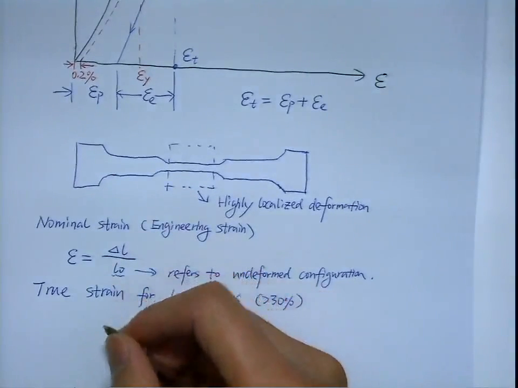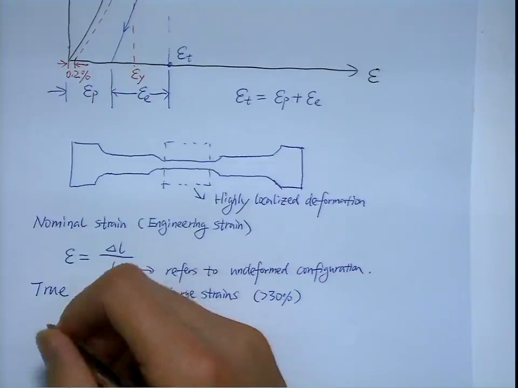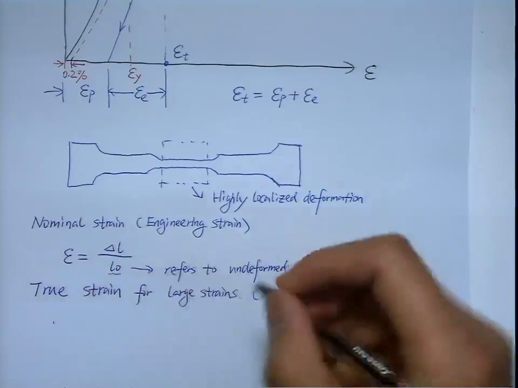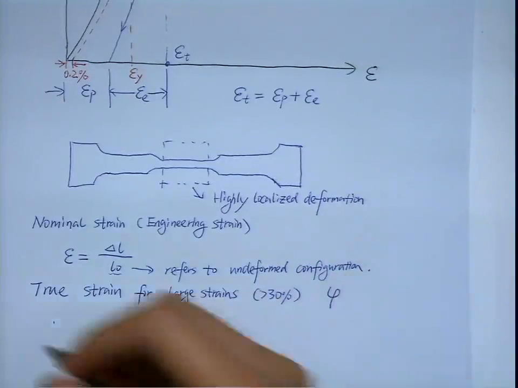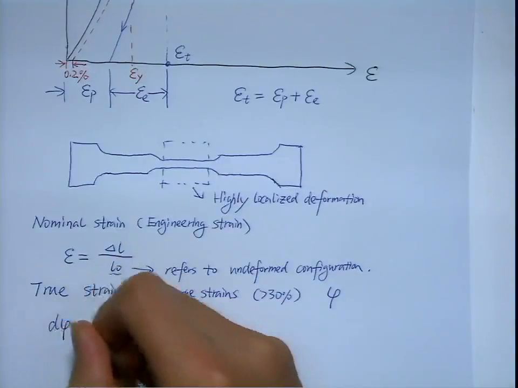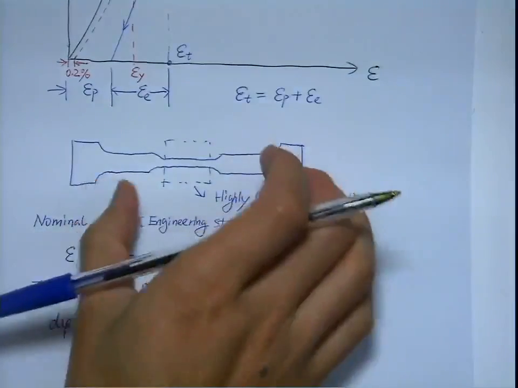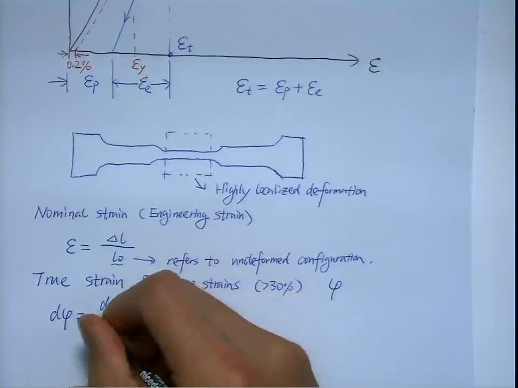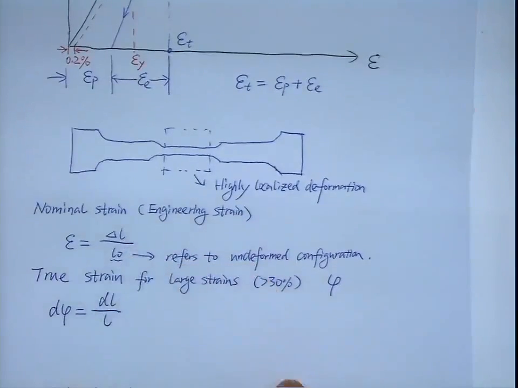So what is the definition of the true strain, how can you get that? So now we define true strain using another parameter called phi. Let's first look at just a small amount of displacement, I mean, the sample hasn't yielded. You just look at a small amount of strain. You can still write a similar equation to the nominal strain.